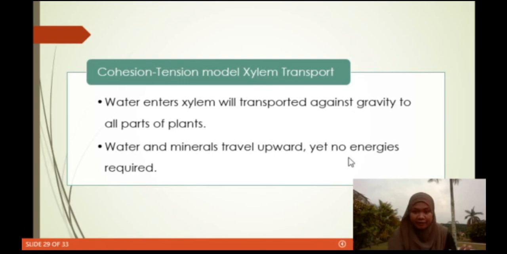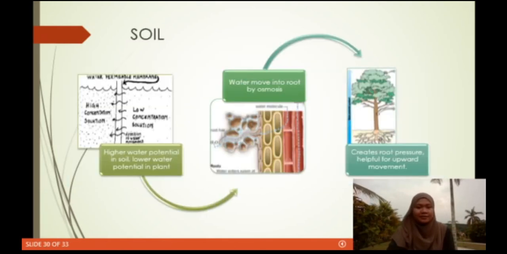So the cohesion tension model explains that water is transported against gravity and no energy is required when they travel upward. So I divide this into 3 parts. The first part is soil, the second part is stem, and the last part is leaf, to make you understand more. Okay, next slide. I want to start first with soil.